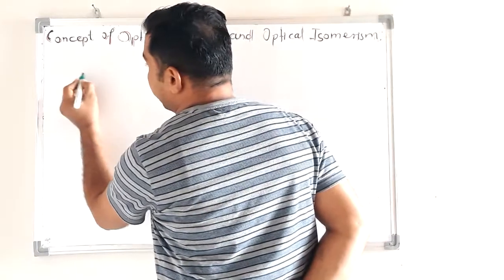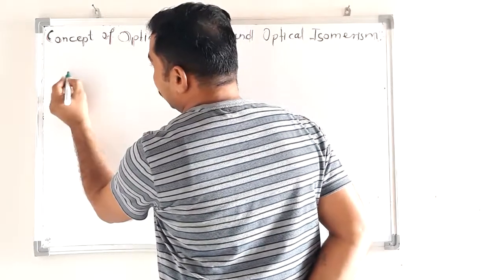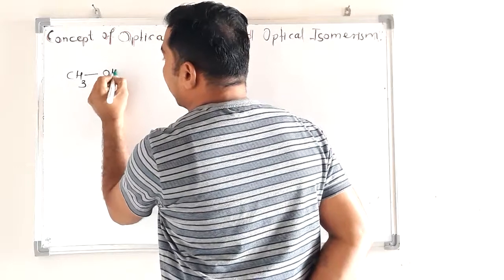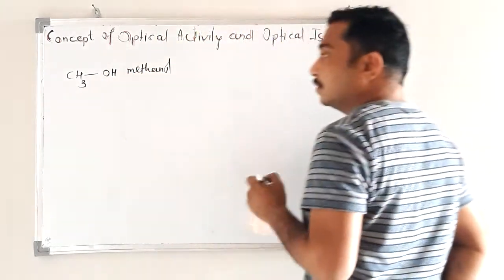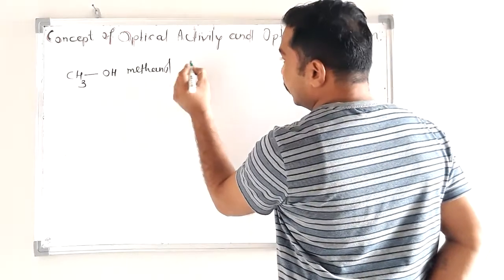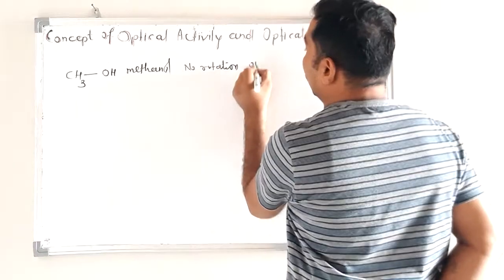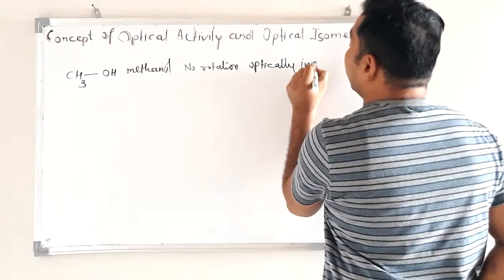See, if we pass light through a solution of methanol, it is found that there is no rotation. No rotation means optically inactive.